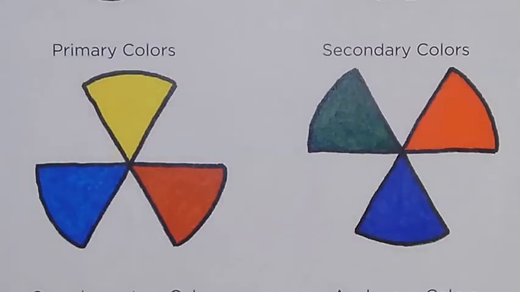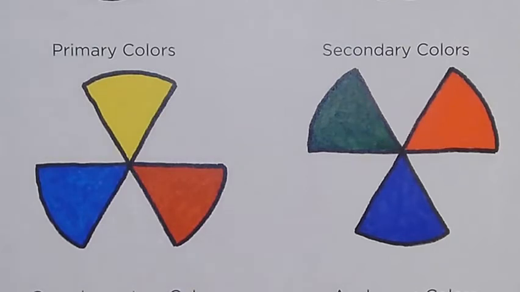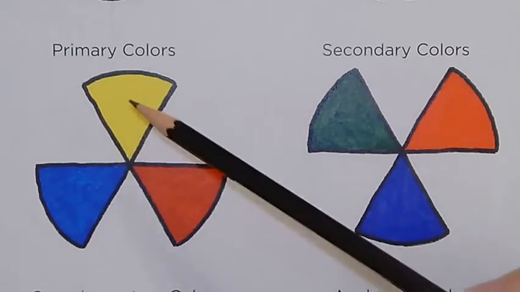Another way we can group these colors is in our primary and secondary colors. Now, primary simply just means first. Red, yellow, blue. These colors, you cannot make them. They just are. They occur naturally in nature, and that's why they are our first colors. We got our secondary colors when we mix two primary colors together.